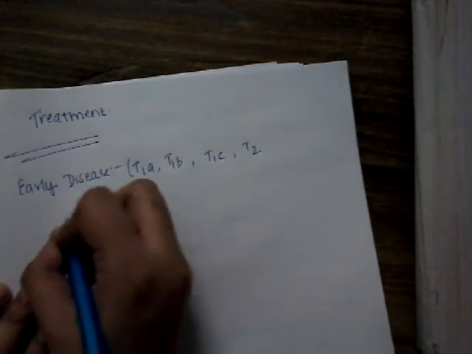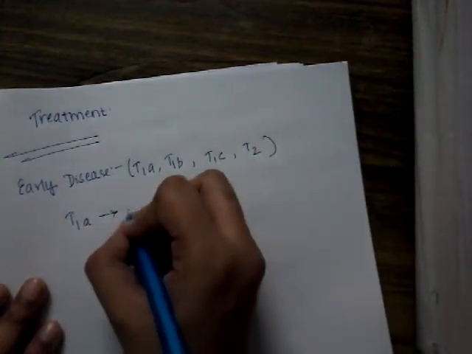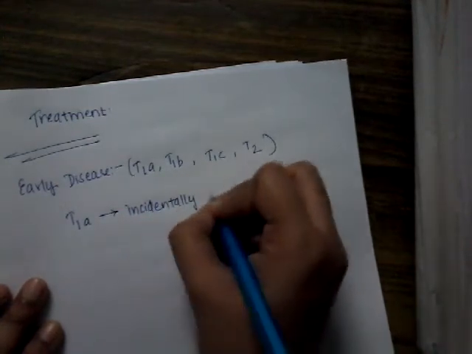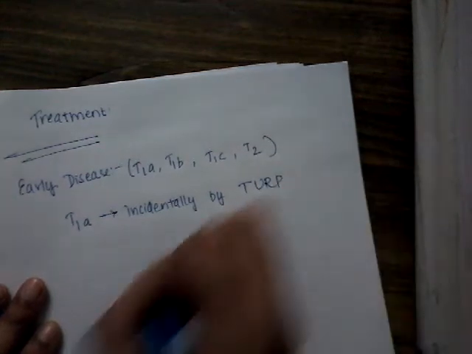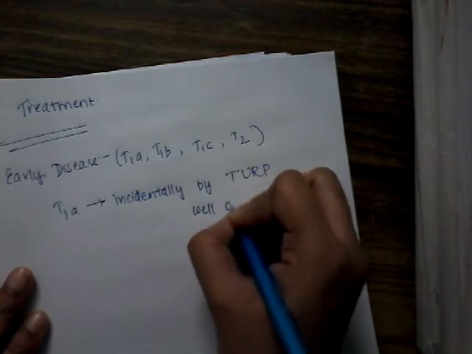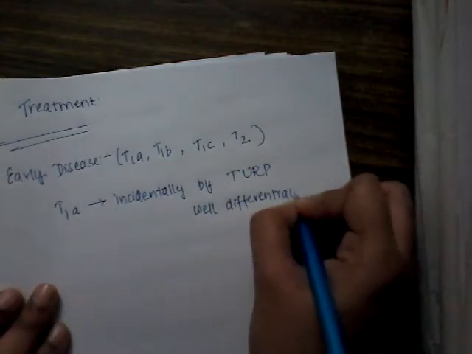First let us learn about T1A. This is found incidentally by transurethral resection of prostate, and it is well differentiated in Gleason score.